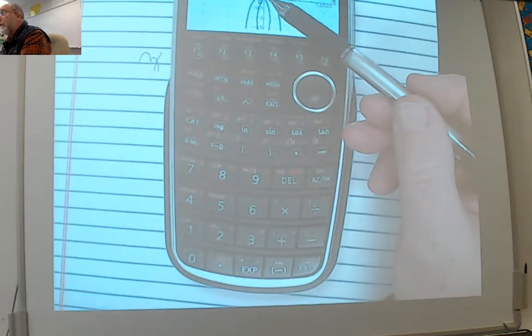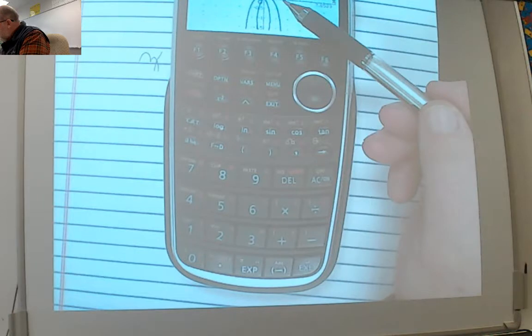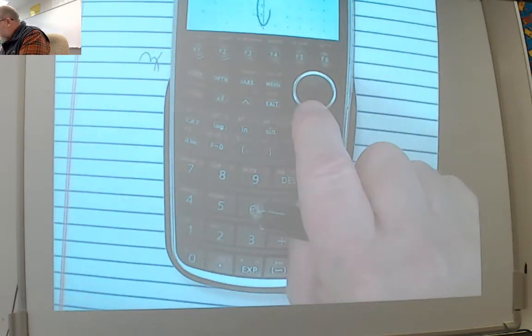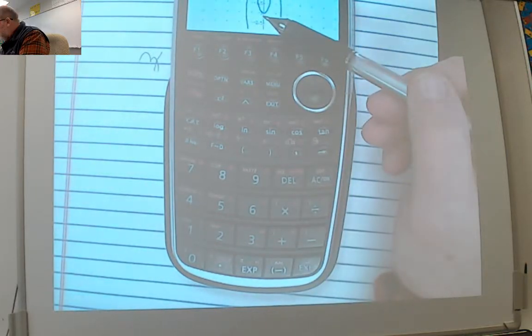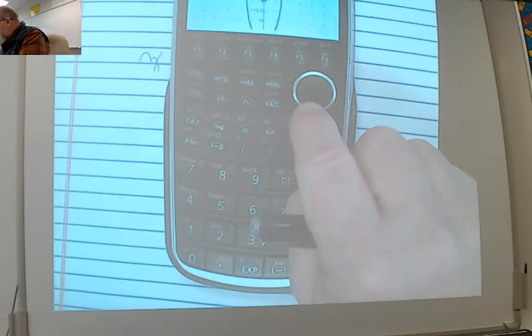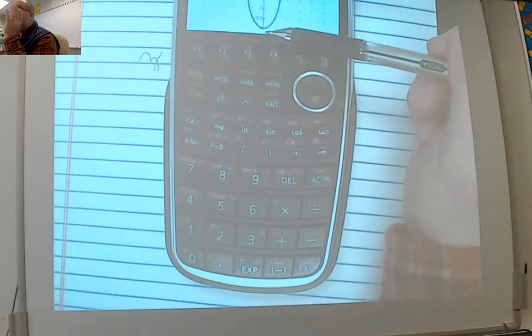Would you agree? Yep. And it looks like there's a horizontal tangent line here, and a horizontal tangent line here, correct? So it looks like I should have 4 of them. I have 3 of them.